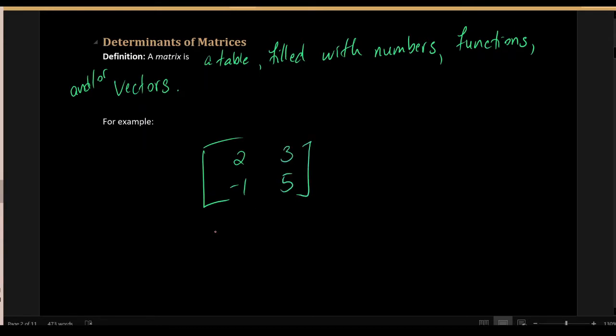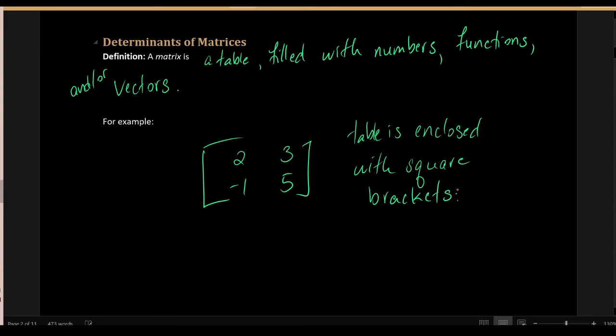Now, notice the notation that I'm using here. The table is enclosed with square brackets. And then the four numbers in the table are arrayed within those square brackets.